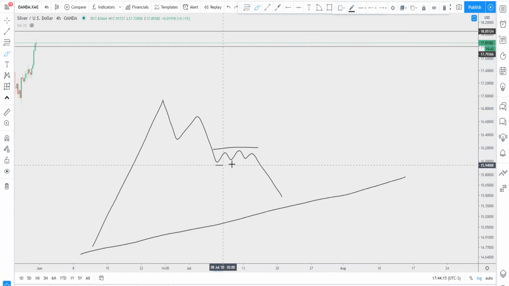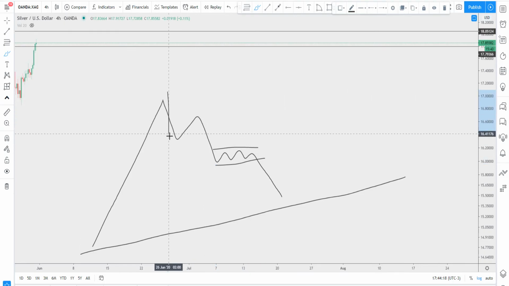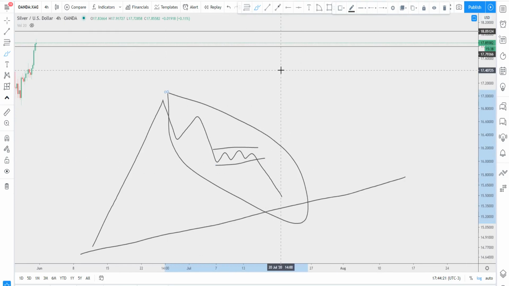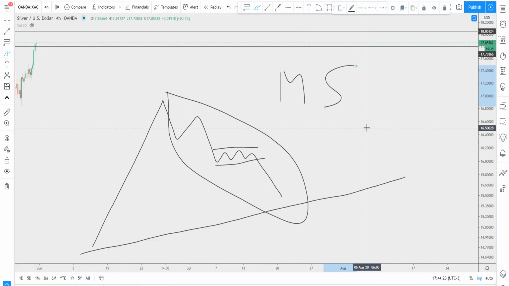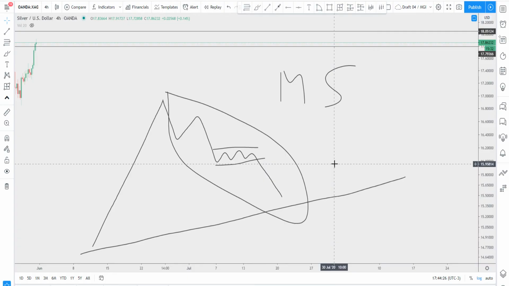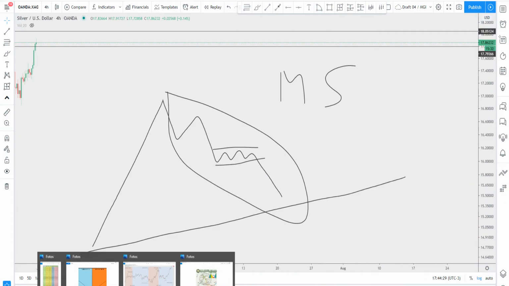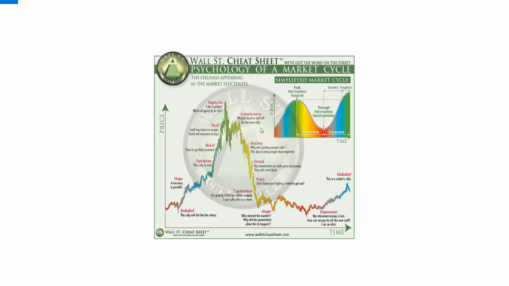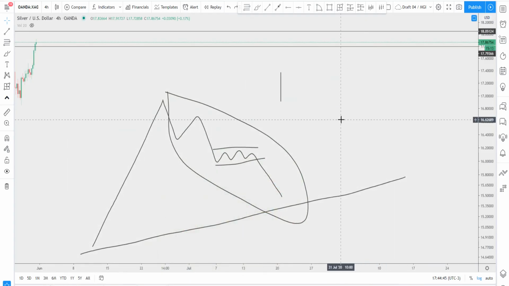And in this period of time here, we know it's a period of Minimus Solaris. And how do people feel in this event? They feel complacence, anxiety, denial, panic, capitulation, anger, disbelief, depression. And if we took everything that, for example, folks on crypto Twitter and some folks on YouTube say.